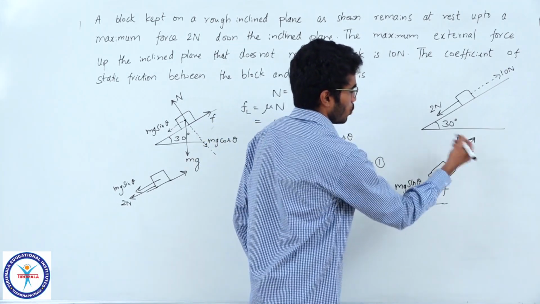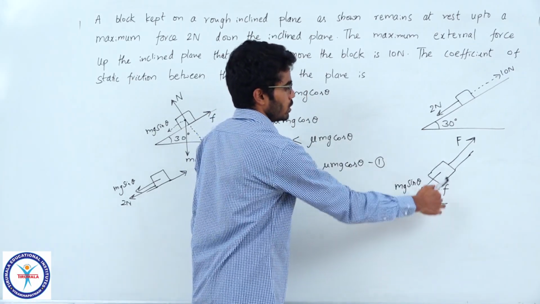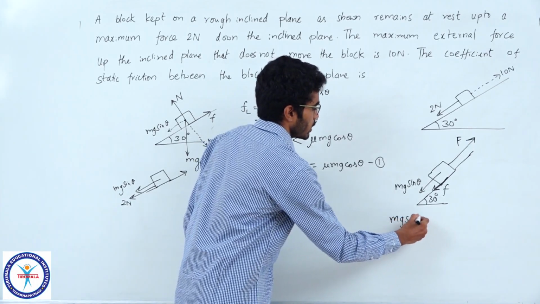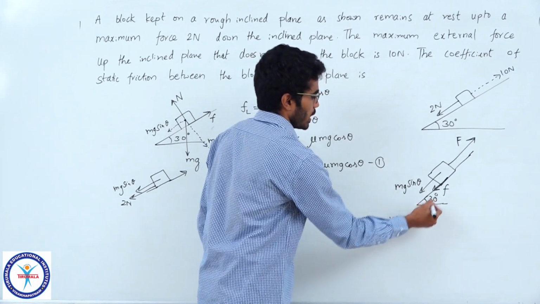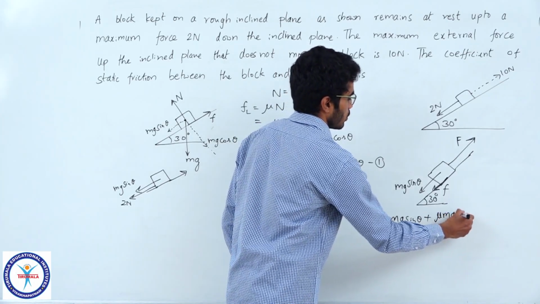Now, if the force is sufficient to pull the block upwards, it is just equal to the downward forces. So, mg sin theta, and now the friction acting will be of the maximum value, which is limiting friction.